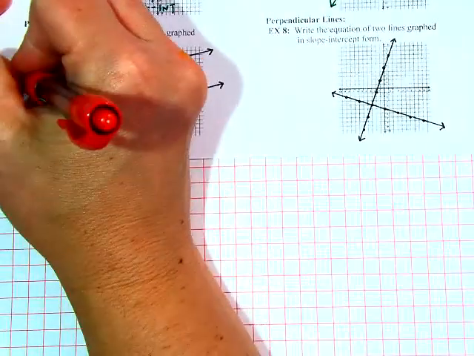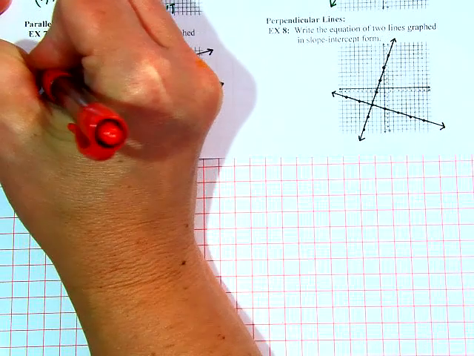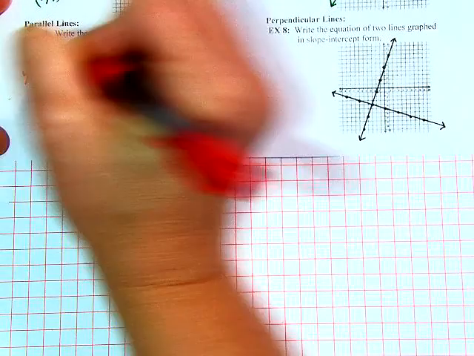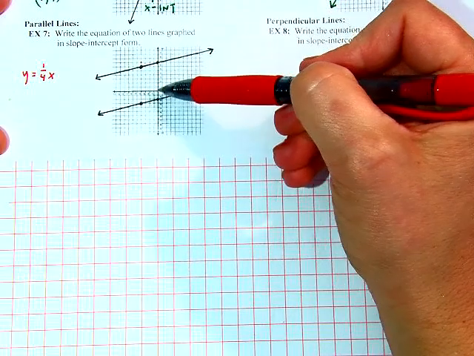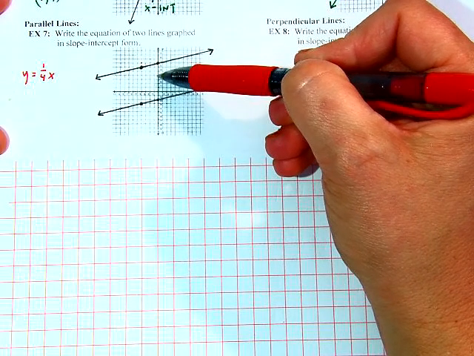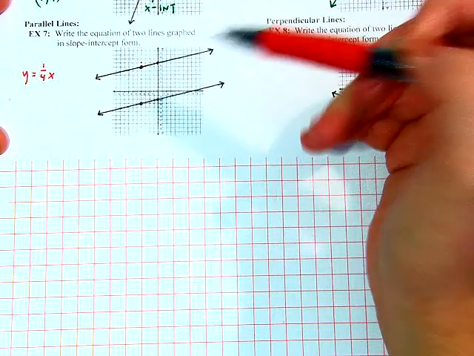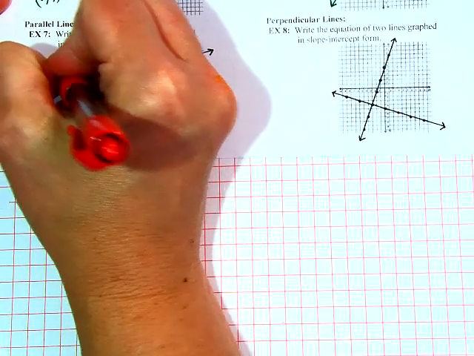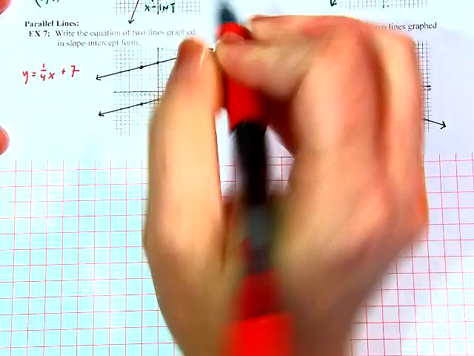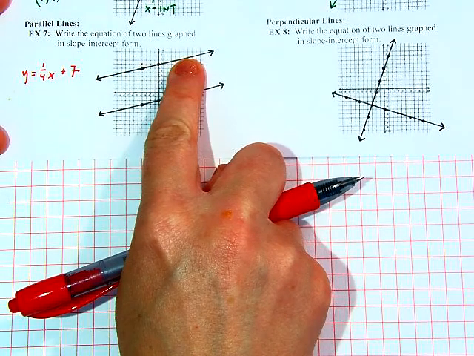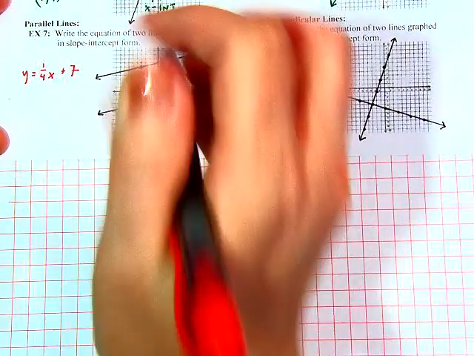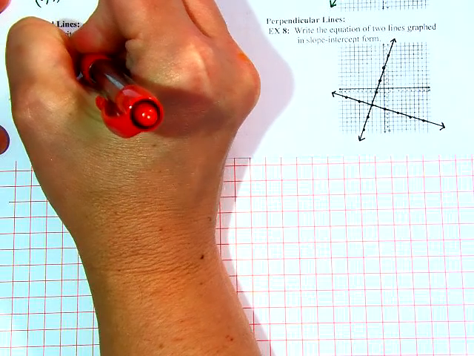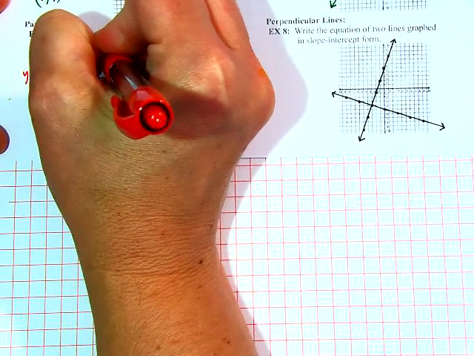So I could say, well, y equals 1/4 x, and my y-intercept 1, 2, 3, 4, 5, 6, 7. So y equals 1/4 x plus 7 would be my top line in slope-intercept form, which is the y equals mx plus b.